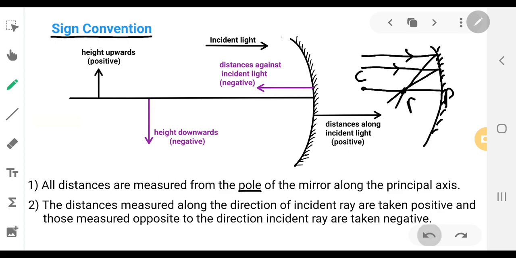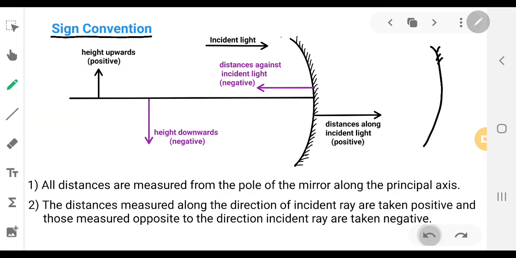Now we'll see the same sign convention for a convex mirror. For the concave mirror, radius of curvature was negative, focal length is negative.